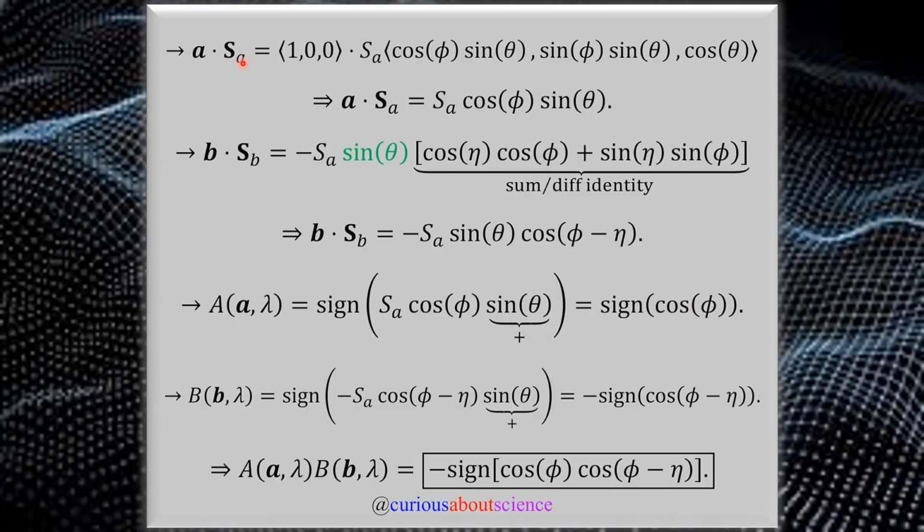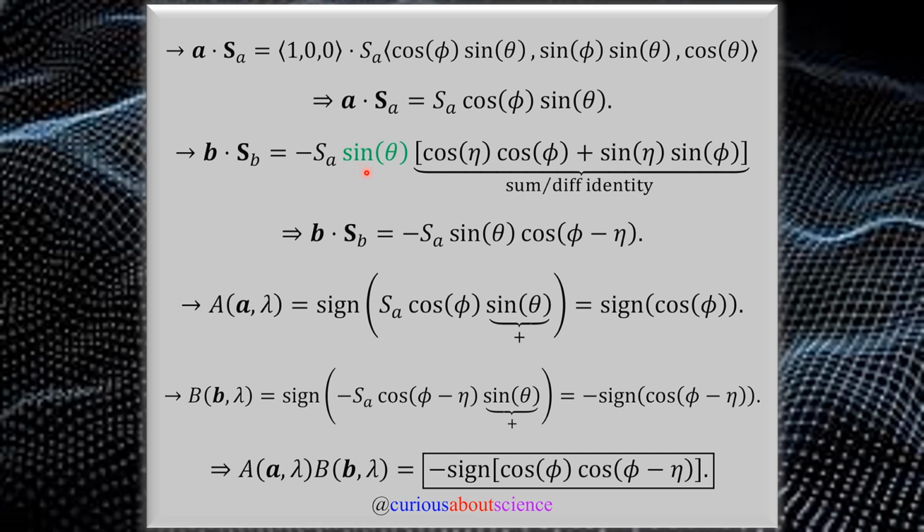Okay, so now the dot product here of A dot S, well, given that we're only in one direction for A, that just means we need the first component here, so that one's pretty easy. Now for B, since we kind of know what we're looking for, the only thing that survives, since B is in the xy plane, are the x and y coordinates added together, negative out front due to definition, and then S_A magnitude.